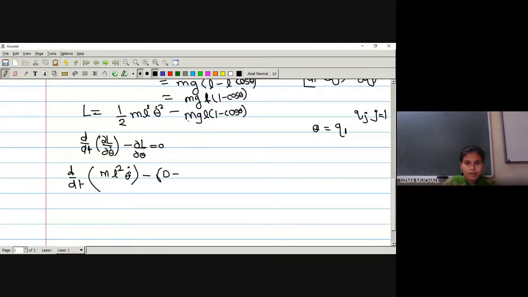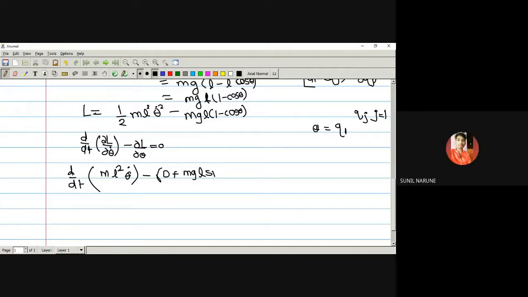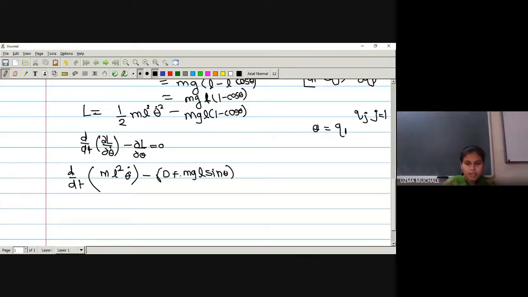minus, what is the derivative of this term? Minus of minus will be plus, because we are evaluating the derivative with respect to theta. The derivative of cos theta is minus sin theta, so again the sign changes, that is minus. This minus as it is we have kept.